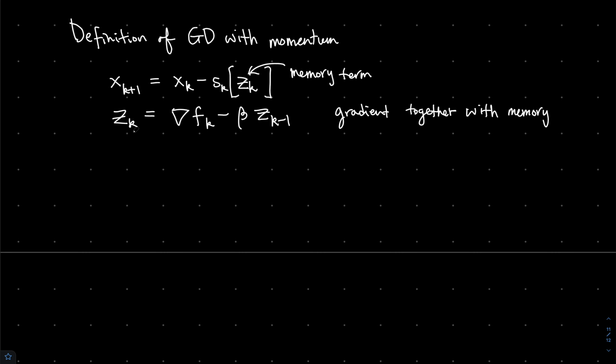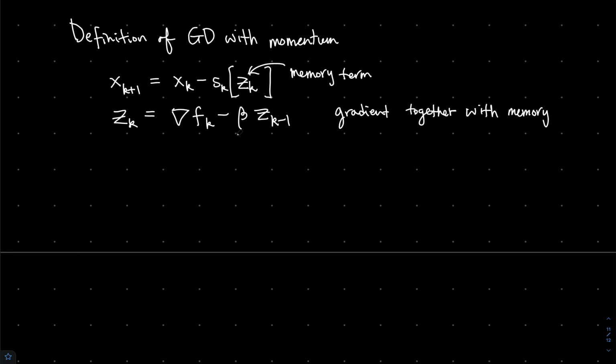But then, what would be z1? Then z1 would be the current gradient, and the current gradient combined with the previous gradient, right? So this would be sort of a combination of the gradients.